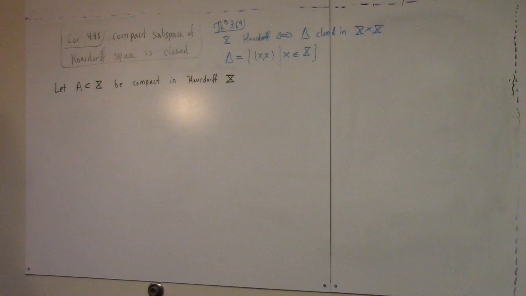Yes, for any distinct pair of points, there exist open sets which contain those points and are disjoint. So you can separate points with disjoint open sets. So we have a compact subspace of a Hausdorff space. Now we're going to show A is closed, right?